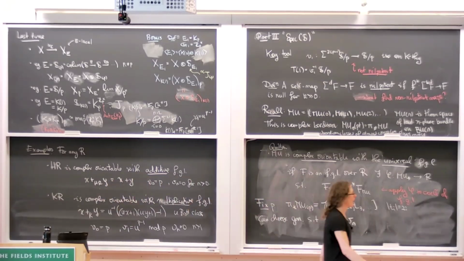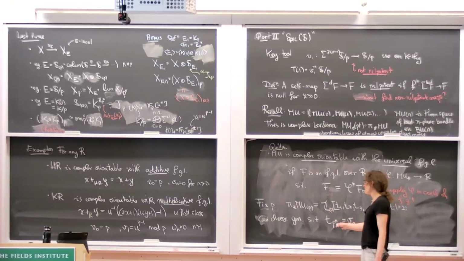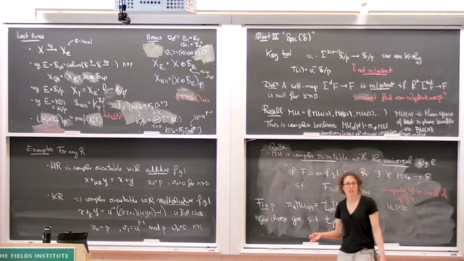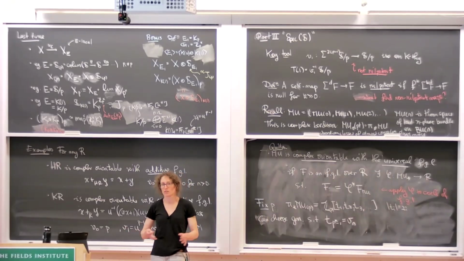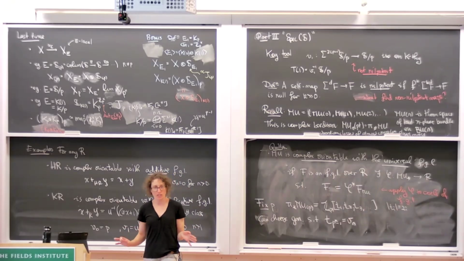What I'm saying is that if I look at the p-series, I get some things. These are polynomials in the t_i. For degree reasons, they can't have any terms higher than p to the n minus 1. And then you argue that the coefficient is a unit so that you can just change your basis for your choice of generators in your polynomial ring. So you can arrange it so that they're just equal.